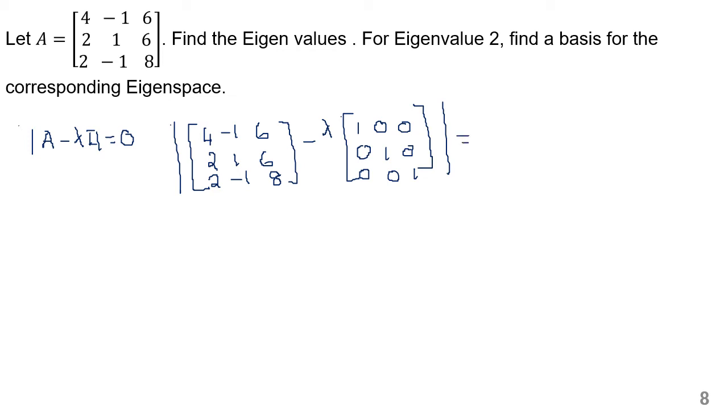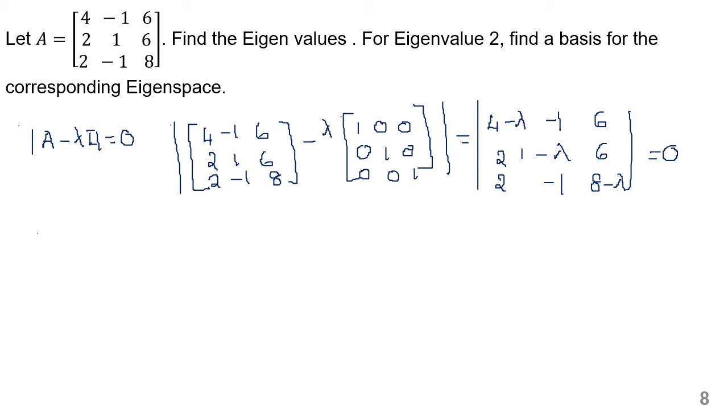That will give you the resultant: row (4 minus lambda, -1, 6), row (2, 1 minus lambda, 6), and the last row is (2, -1, 8 minus lambda), that needs to be equated to 0.